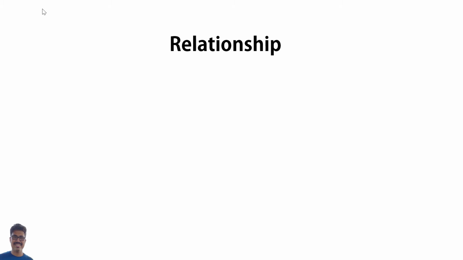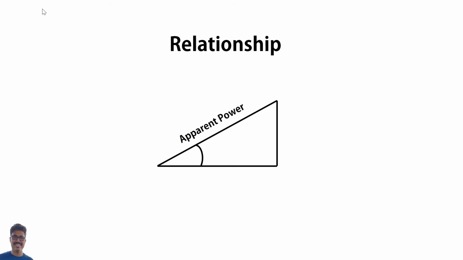Before telling you about the load, I want to show you the relationship between apparent power, real power, and reactive power. It can be shown using a right angle triangle whose hypotenuse is the apparent power, base is the real power, and the adjacent side is the reactive power.